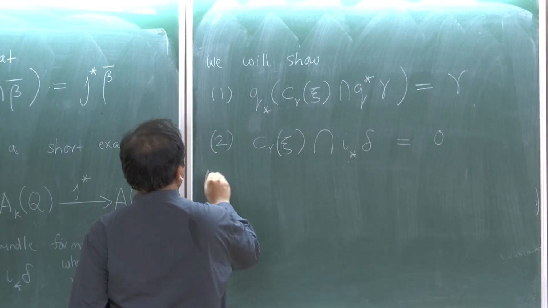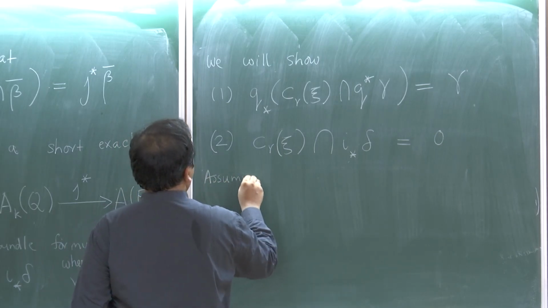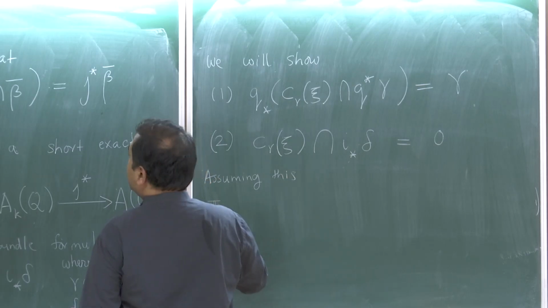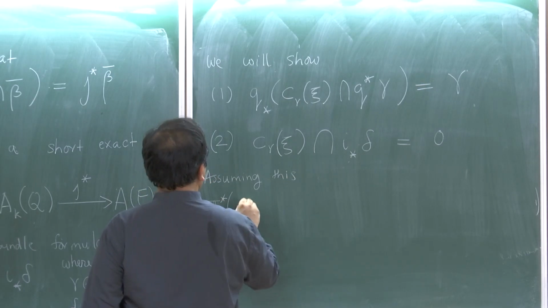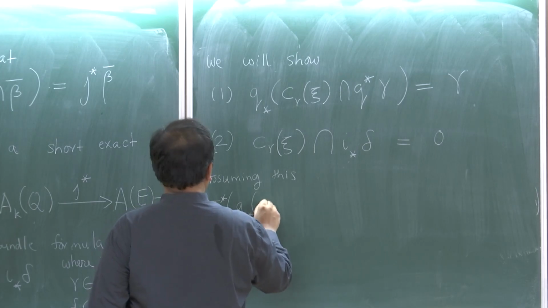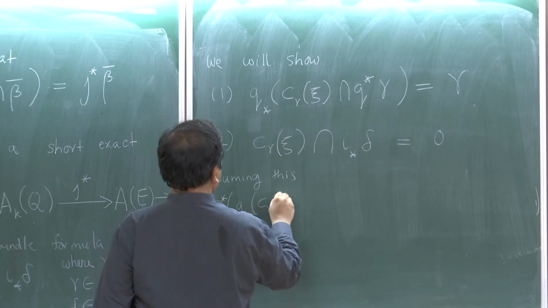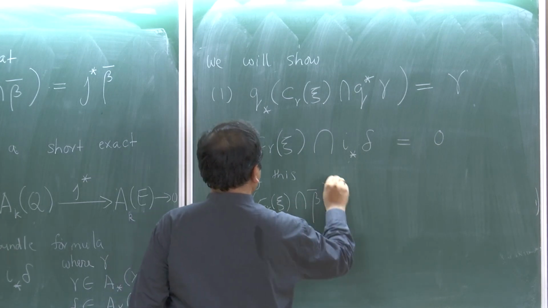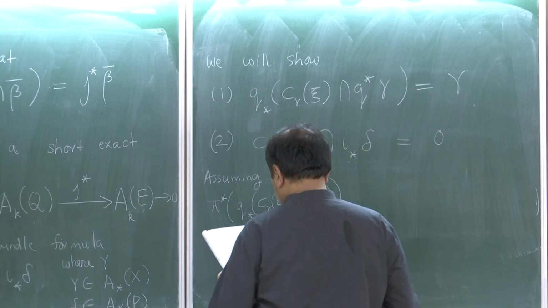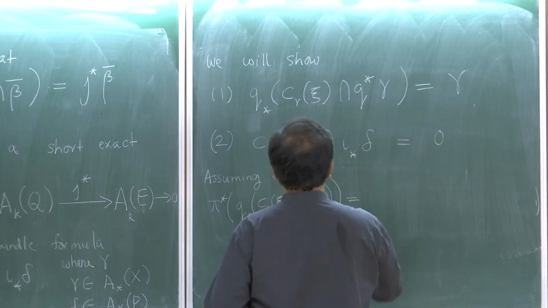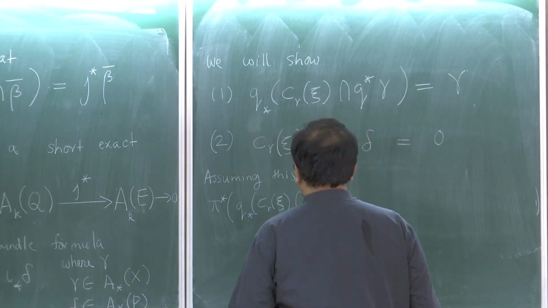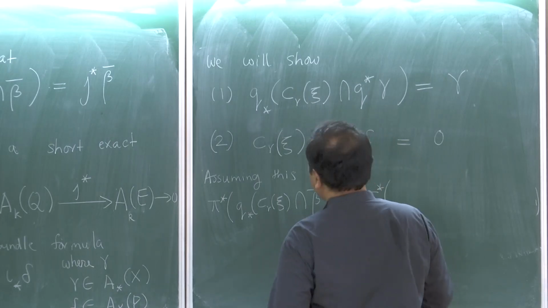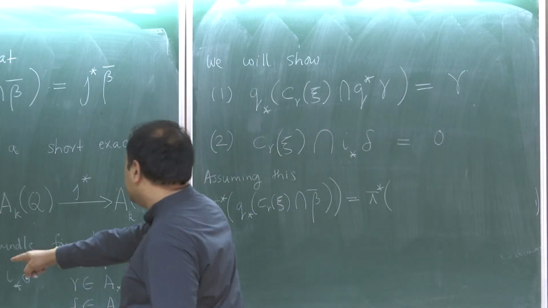So assuming this, pi upper star of Q lower star of CR psi capped with beta bar. Let me write beta in this form.